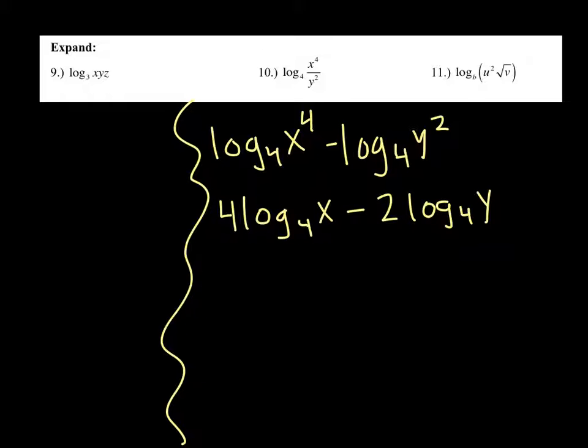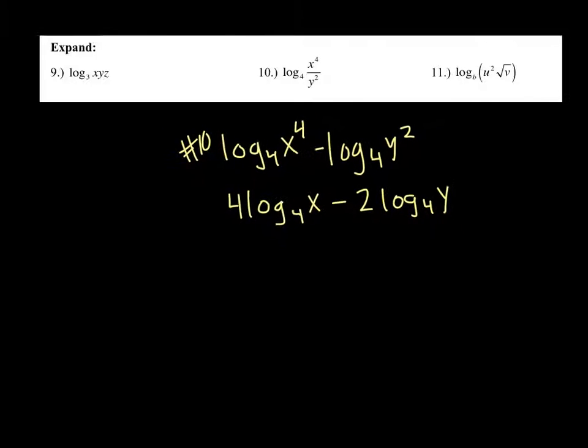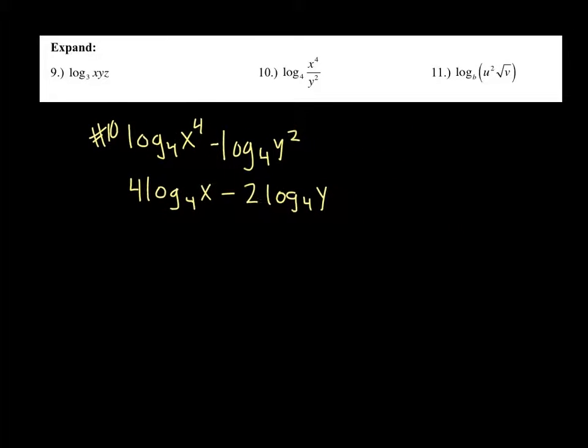So all we did was take the exponent and move it out to the front of your term. And that's it. It's expanded. No exponents left. Every term in your expression has a log with it. So it is done. So that's number 10.